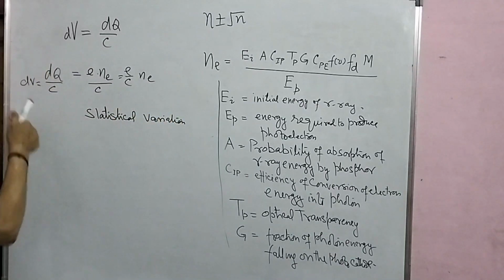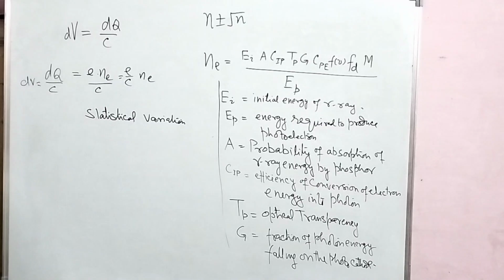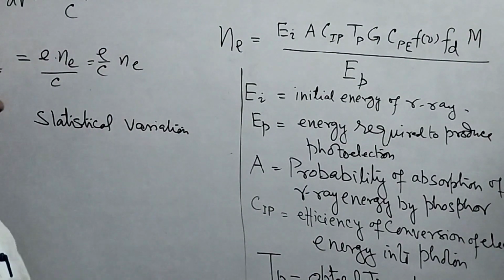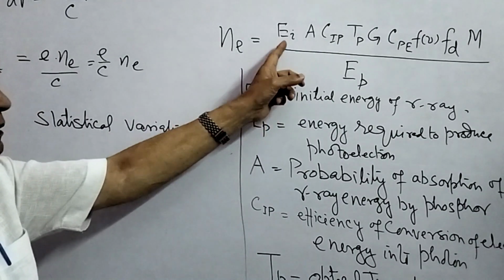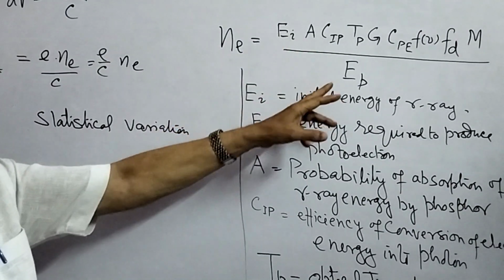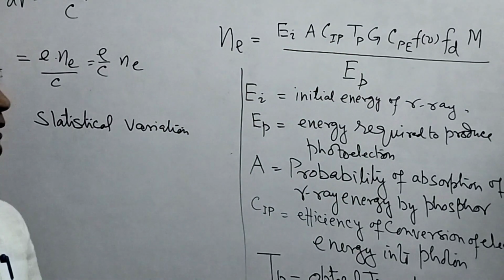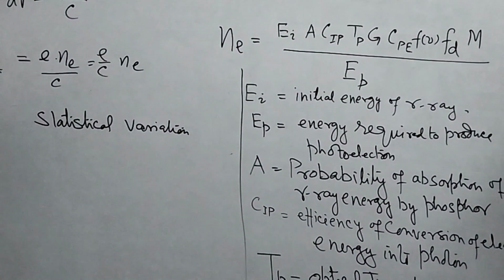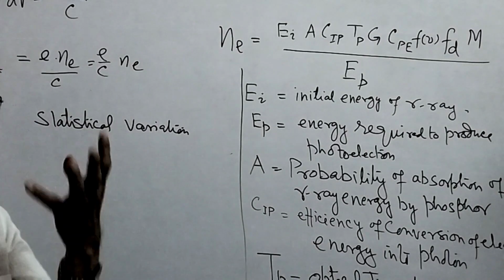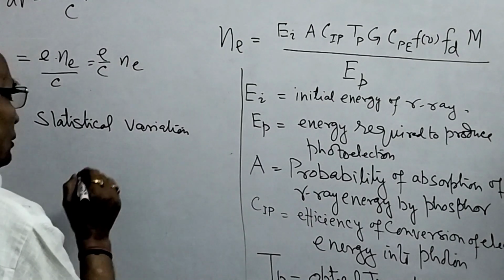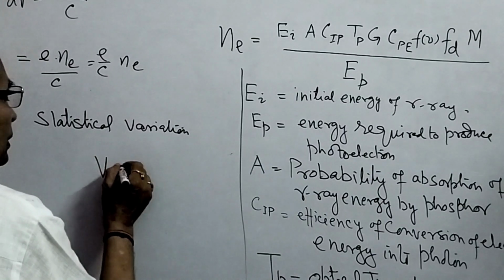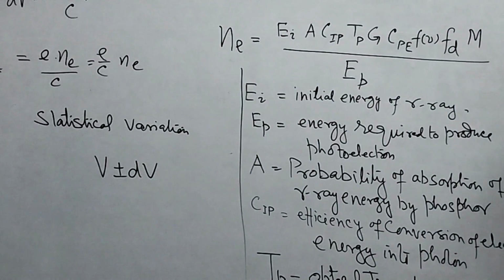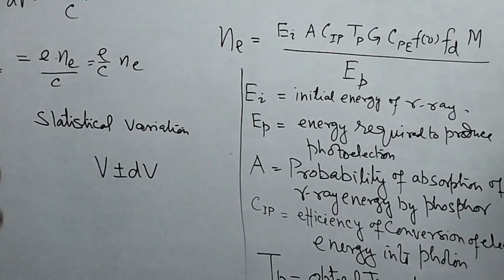Though this pulse is produced by same number, same energy gamma ray, we were talking about the statistical variation, that each factor, these EI, leaving EI, leaving EP, all these other factors, they are having statistical variation. So due to statistical variation, the pulse height is not constant. Pulse height has got, if V is the voltage, then V plus minus dV.